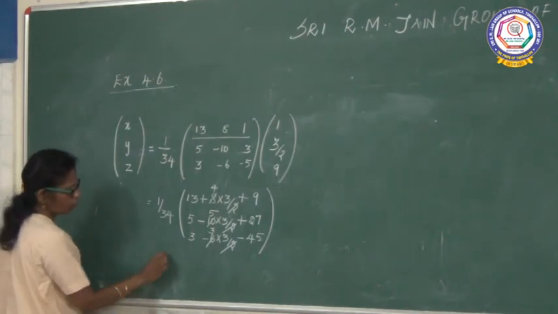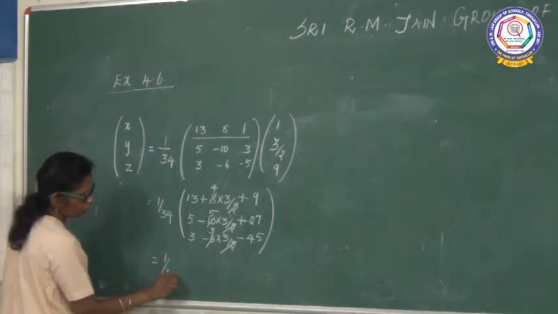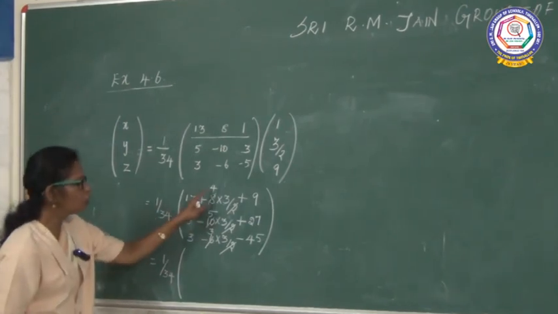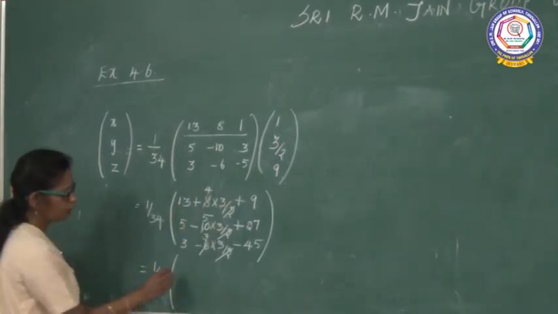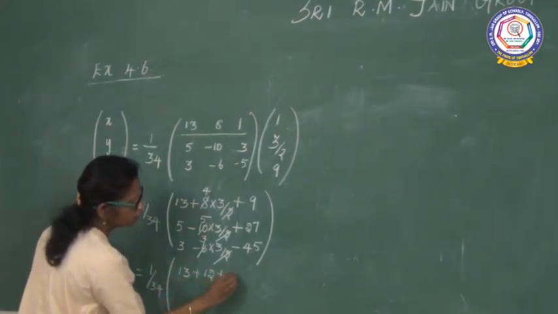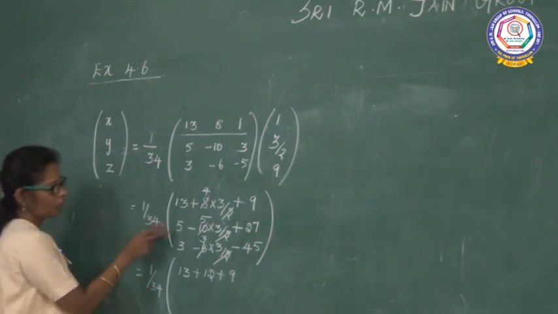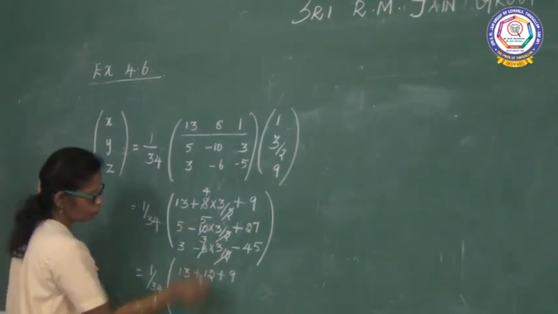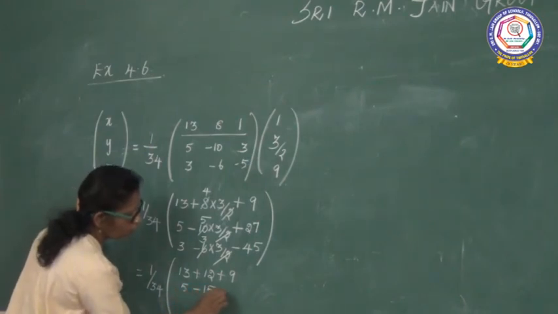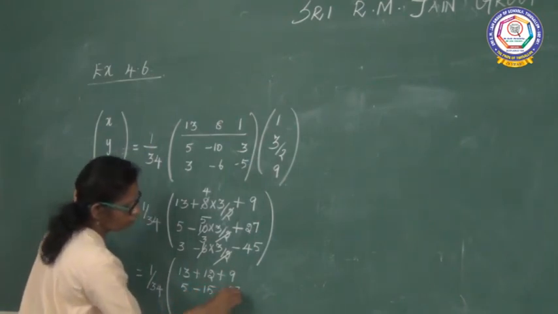Now, this is equal to 1 by 34 into the bracket: 13 plus 4 threes are 12, so 13 plus 12 plus 9. Next, 5 minus 15 plus 27.